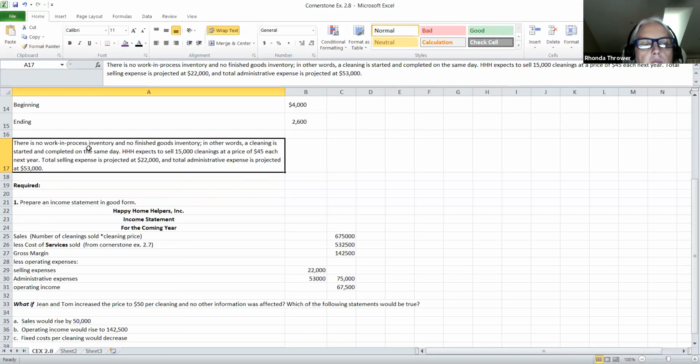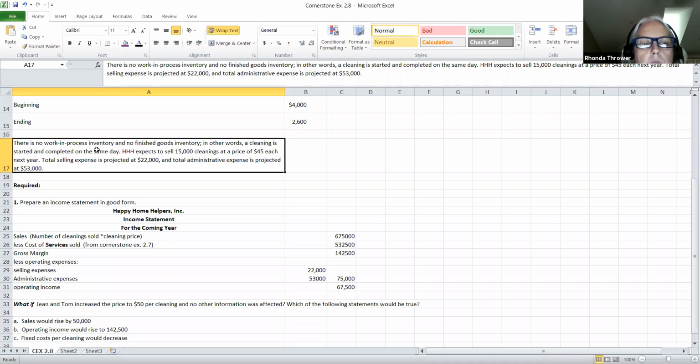Notice it says there's no work in process inventory because they specifically stated in this problem that they didn't have any services that were not complete at the end of the last period or the end of this period. So there was no work in process inventory, but there could have been a work in process inventory of services.